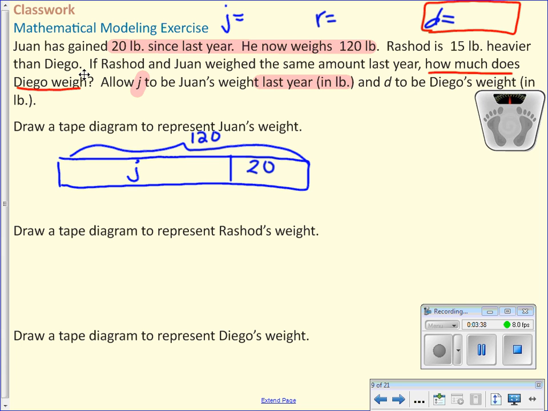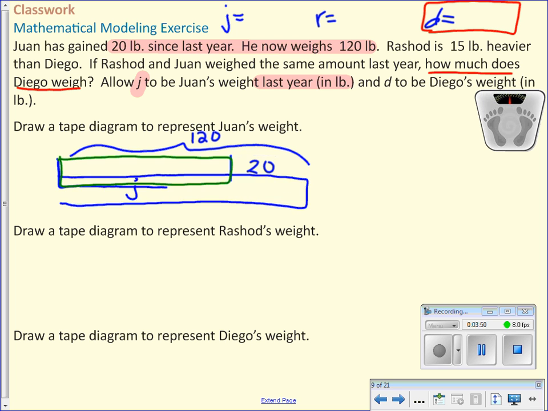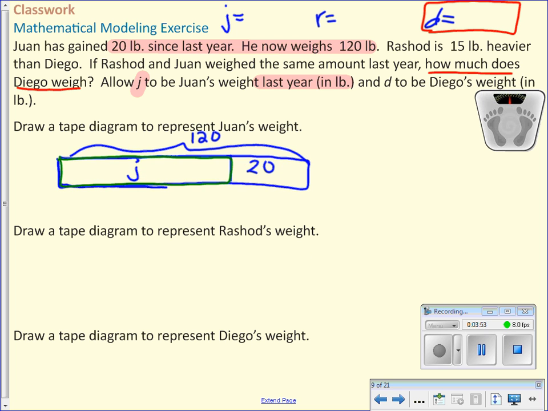So, Juan and Rashad, come on, smartboard, there we go. So notice how Juan last year and Rashad are the same size. That's what they told us here. Rashad and Juan weighed the same last year, so I drew them the same.